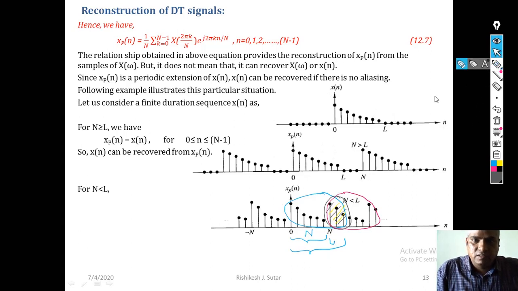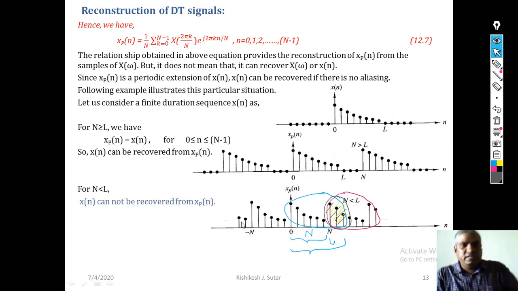So in this case, x of n cannot be recovered from xp of n.